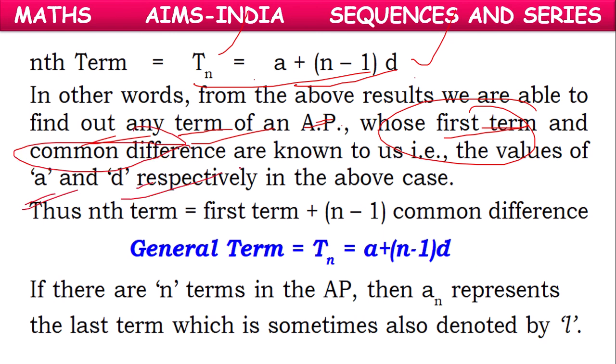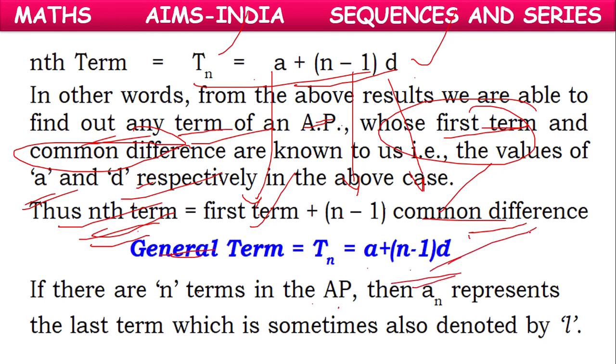If we know A and D values, then we can find the nth term by substituting A, the first term, the n value, and the common difference. So the nth term, general term formula, is first term plus n minus 1 into common difference, or Tn equals A plus n minus 1 into D.